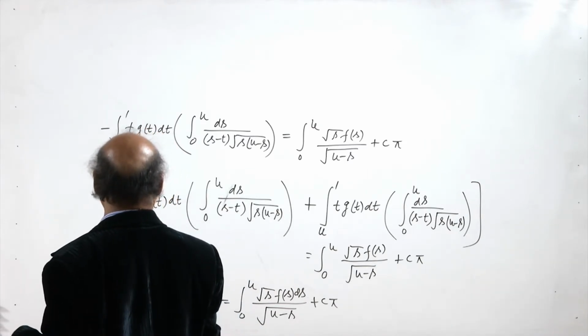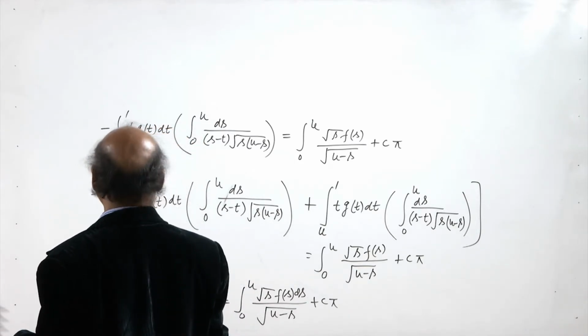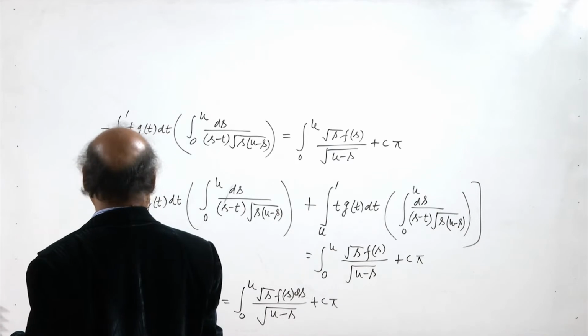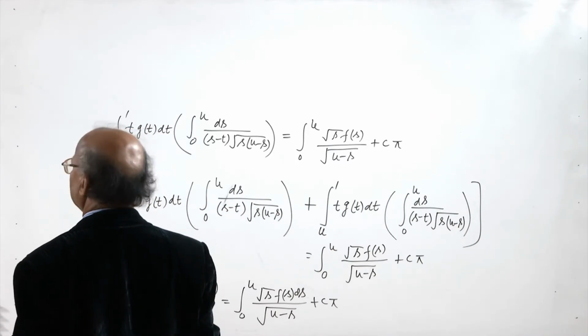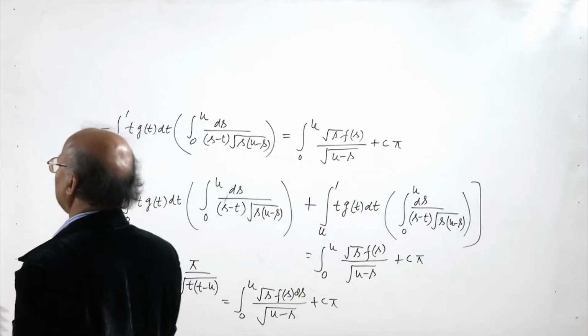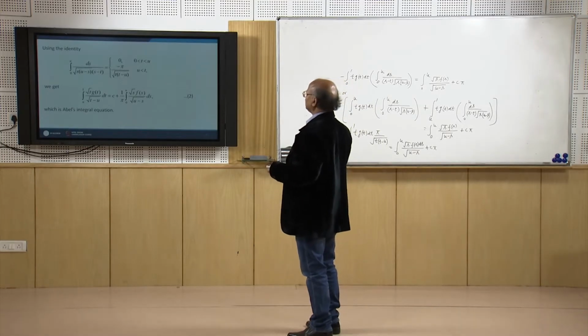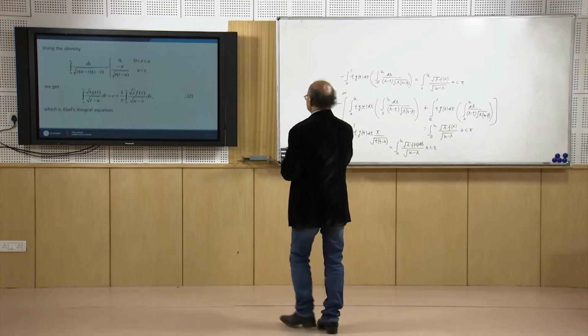Root t will get cancelled here and we will get root t here. So integral u to 1 root t gt dt upon root t minus u equal to, we can divide by pi, so 1 upon pi integral 0 to u root s fs ds by root u minus s and then c. So this is how we get this equation, and this equation is called the Abel's integral equation.